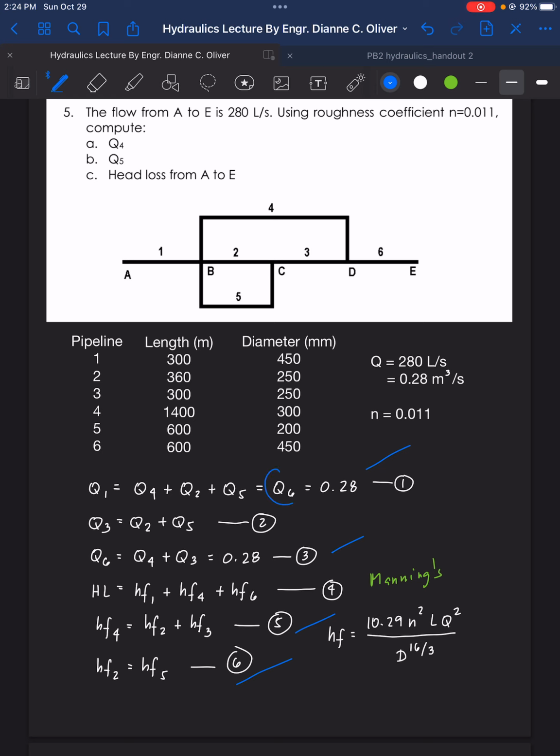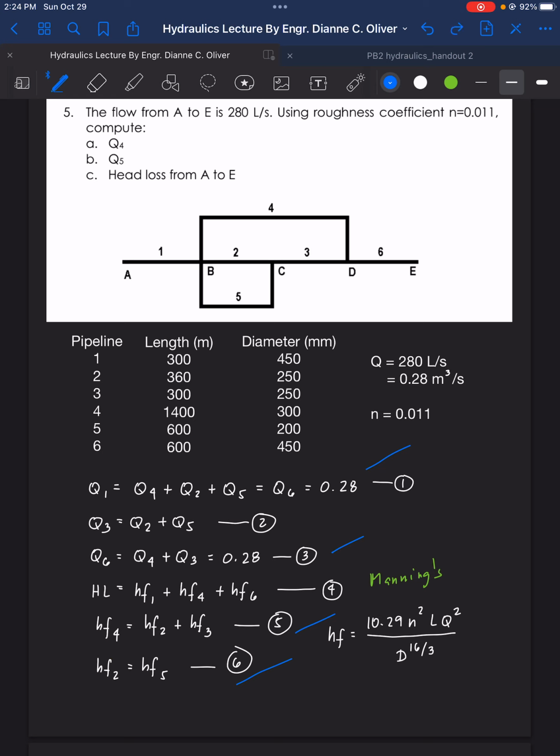Since we have Q6 and Q1 equal to 0.28, there's no need to look for the values of Q1 and Q6. So from equation 6, we can get the value for Q2 in terms of Q5.